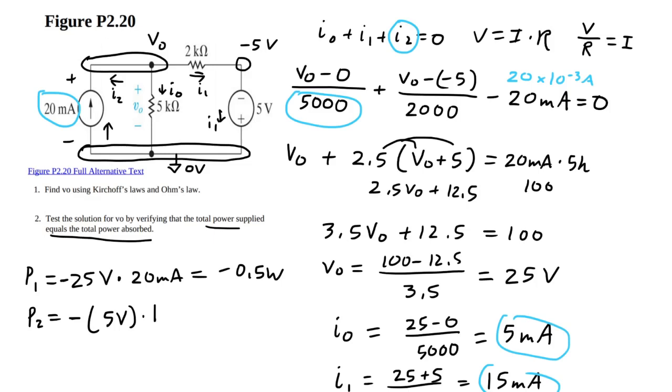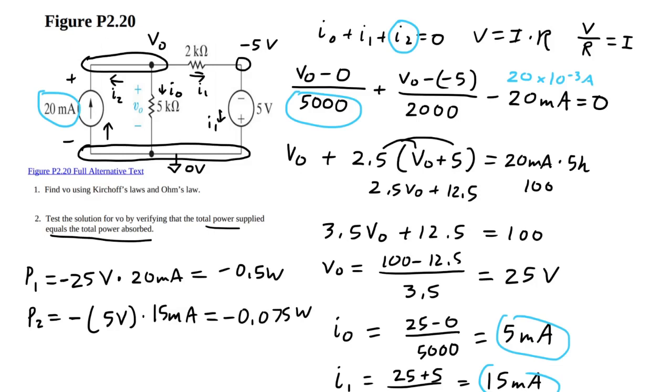So let's say this is 15 milliamps. All right, so 5 times 15, we got 75 milliwatts. So 0.075 watts. Okay, so we know our power is supplied.